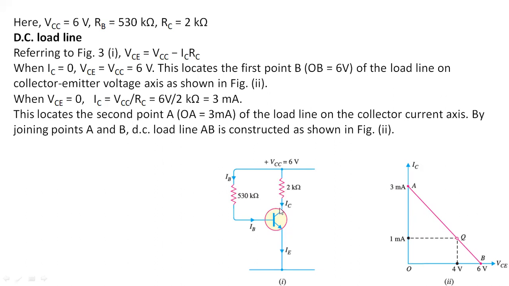So VCC equals the voltage across the resistor, IC into RC, plus VCE, or VCE equals VCC minus RC IC.